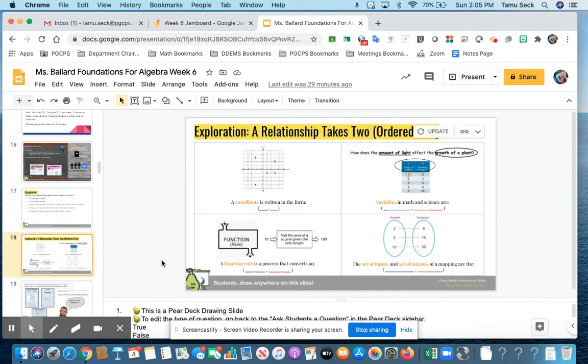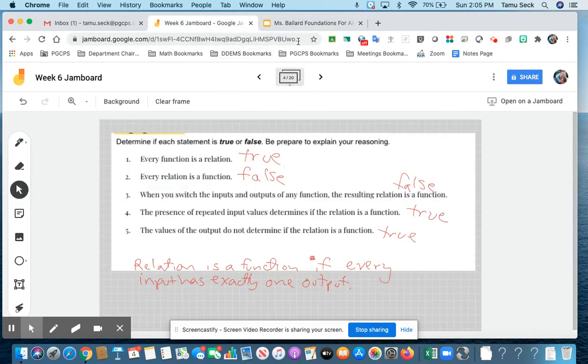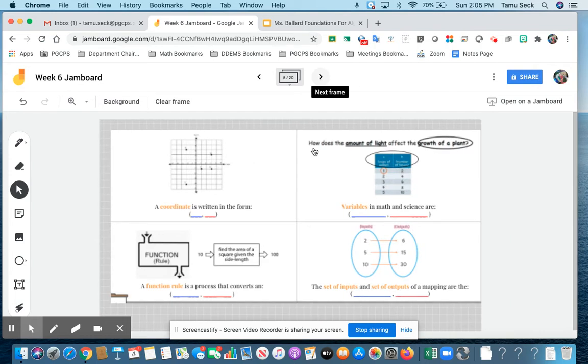Okay, so let's go over this slide together. We're exploring a relationship of two ordered pairs. So you need to name a coordinate, which is written in the form x comma y.